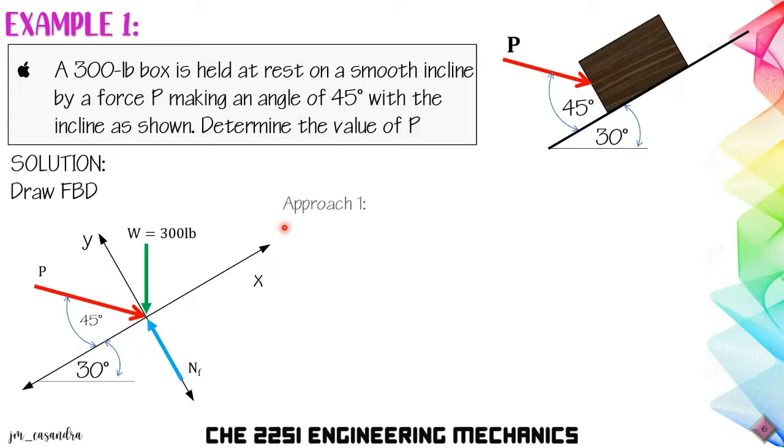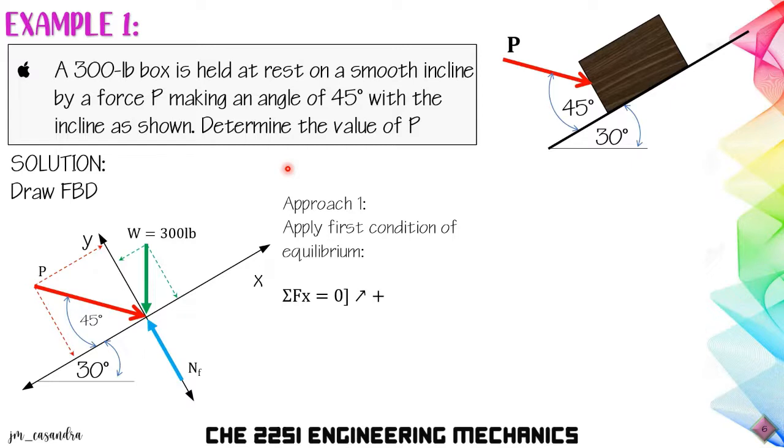The first approach is by applying our first condition of equilibrium, that is, summation of forces equal to 0. Both force P and the weight will have their x and y components. For our equation, we take the summation of forces along x equal to 0, with right upwards as positive.